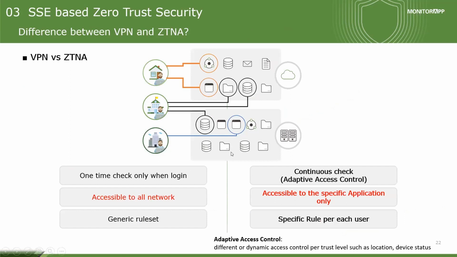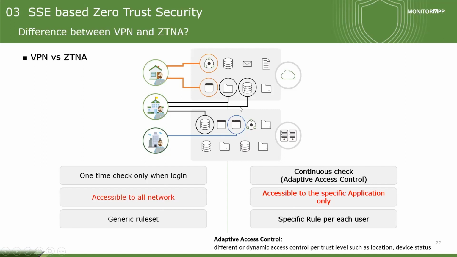Then you may have a question: what's the difference between VPN and GTNA? Basically, they are very similar, but the biggest difference is the red one. Since the VPN is network-based, if you access the VPN, you can access the whole network. But in the case of GTNA, only the specific application is accessible.